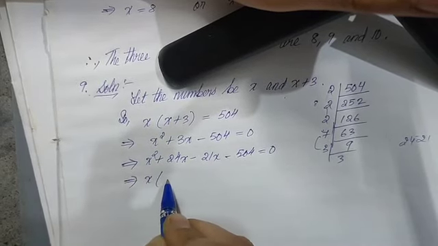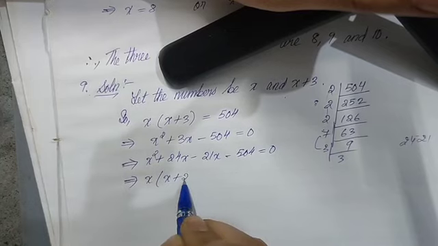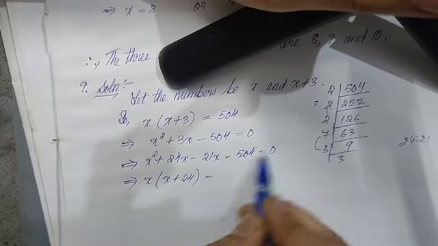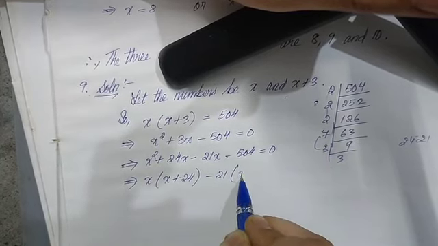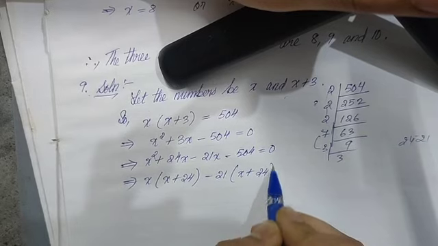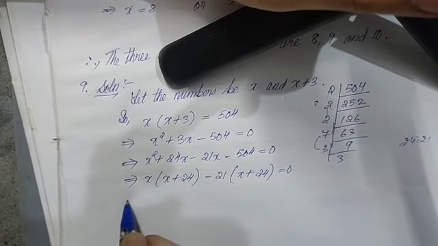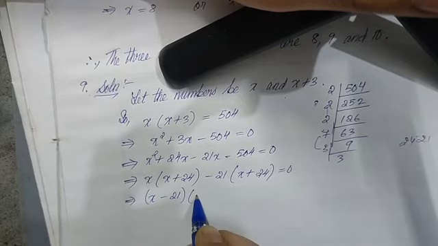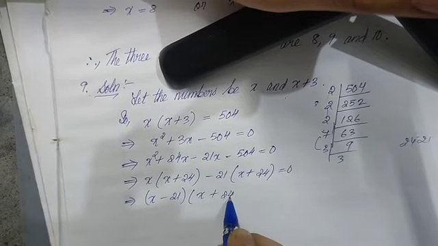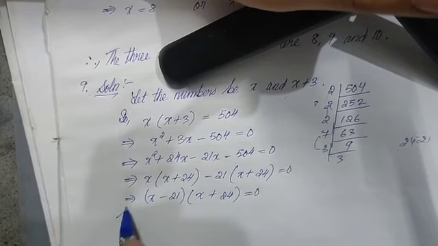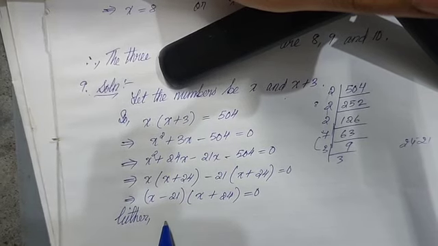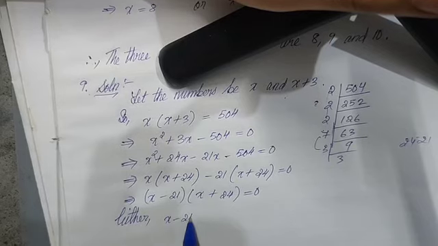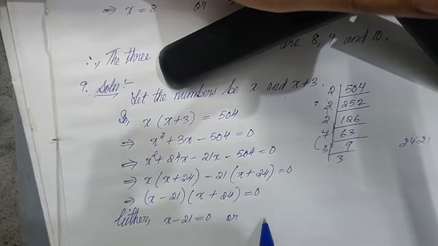Taking common factors: x common and 21 common, we get x minus 21 into x plus 24 equal to 0. Either x minus 21 is equal to 0 or x plus 24 is equal to 0.